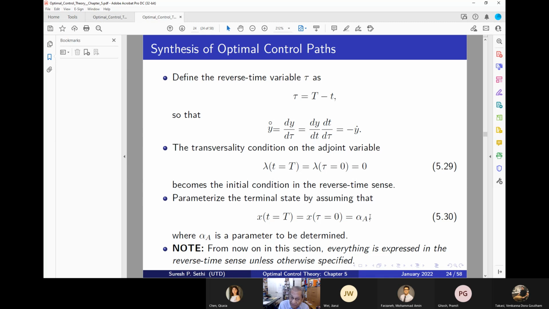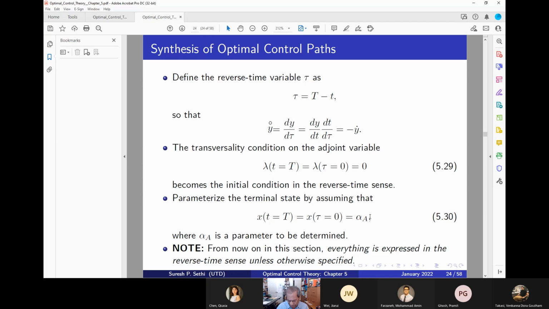Notice, in the Excel problem, you could have also solved the problem in reverse time by simply defining lambda to be 0 at the end and guessing for x. And then solve the differential equation in reverse time and find the value at the beginning, which is reverse time capital T, and make the guess appropriately and solve the problem that way.